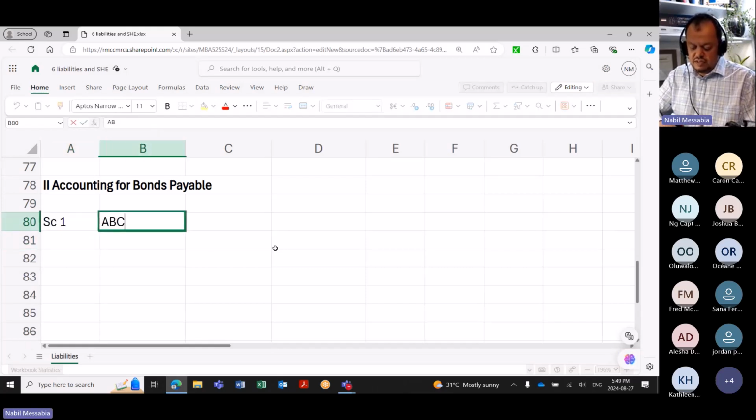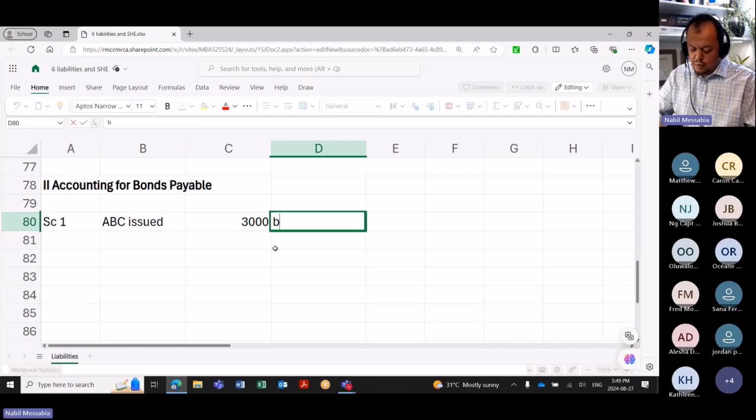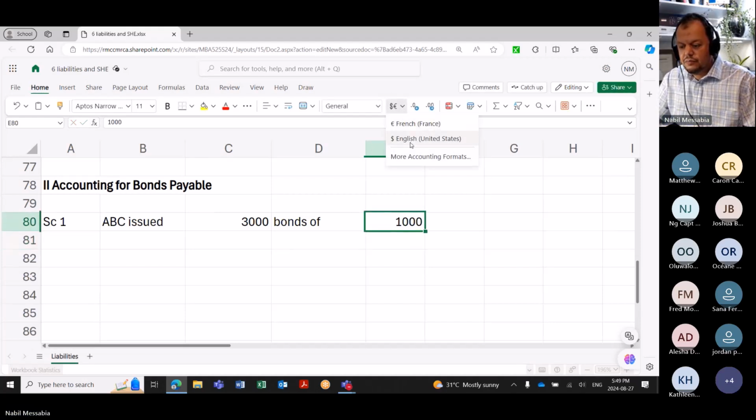ABC issued, let's say, 3,000 bonds of $1,000 each, as a par value.